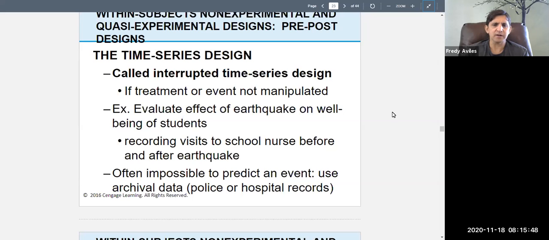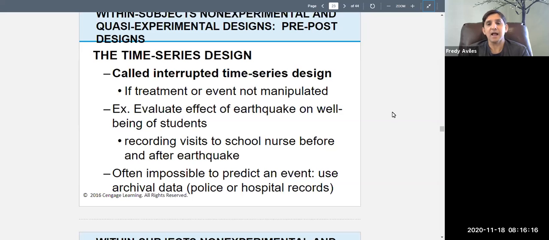Let's see how often they need to see a counselor or the school psychologist, and let's track that for a while. And let's see if this event actually did anything. And then you can compare that to the records before the school shooting, right? Because you have records of how often students see the school psychologist or want to see a counselor or something like that. That would be an interrupted time series design.